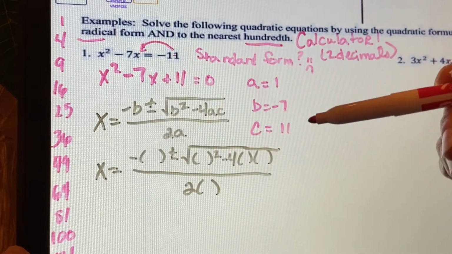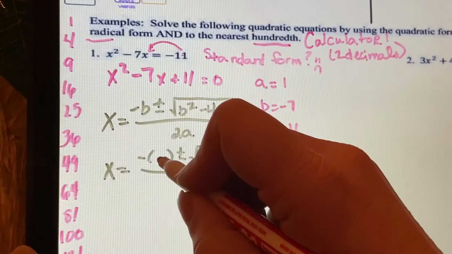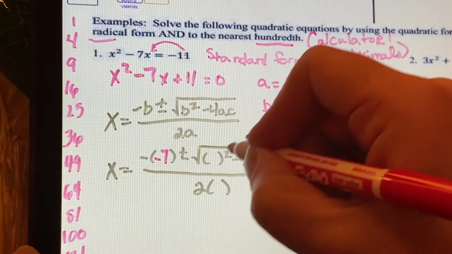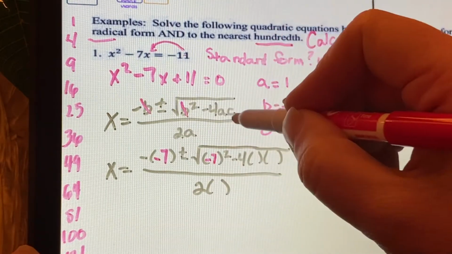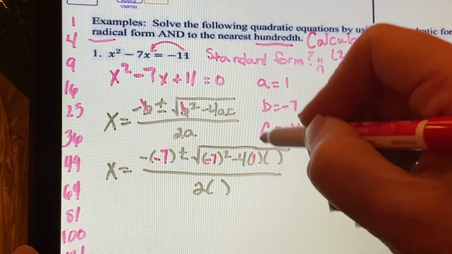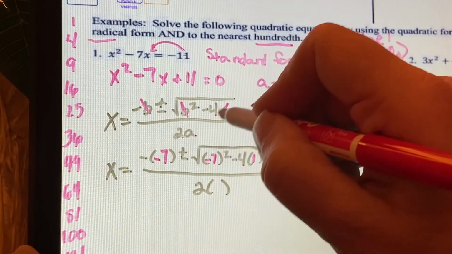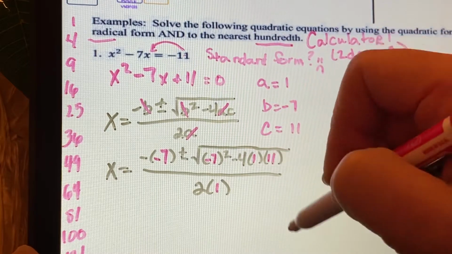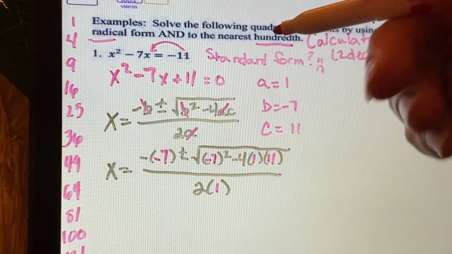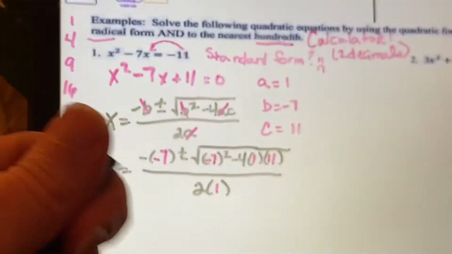They're only coefficients. So the b's, I did it. The a is 1, and I know there's an a down here too. And now the c value, so 11. All right, that's done. Now I just have to simplify.